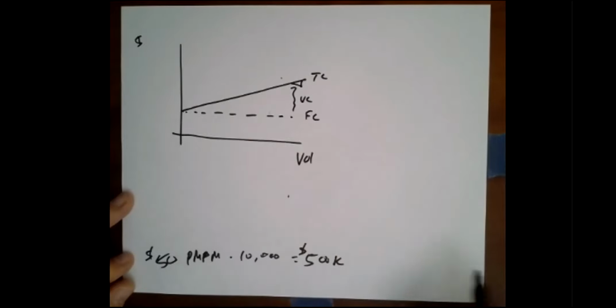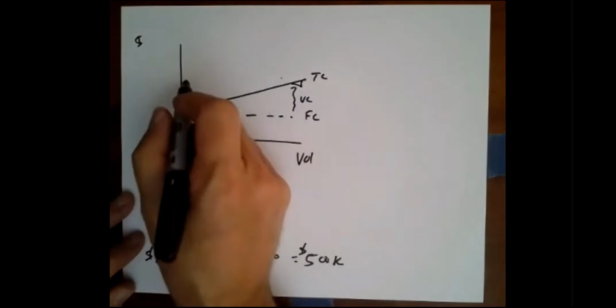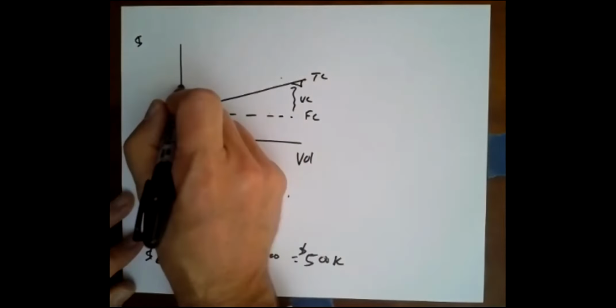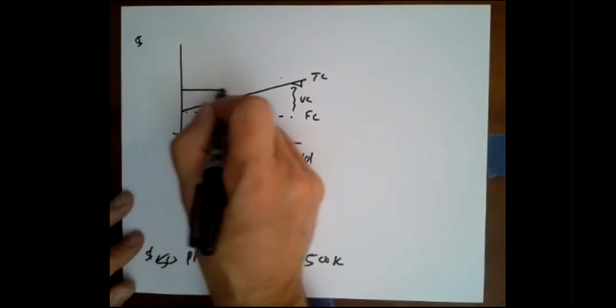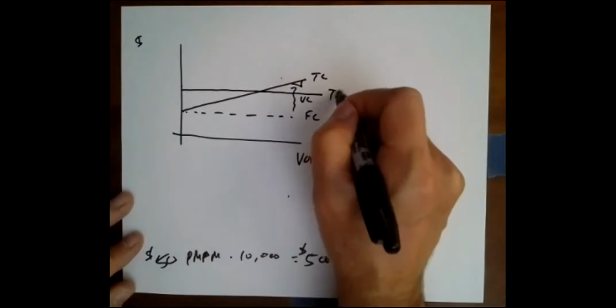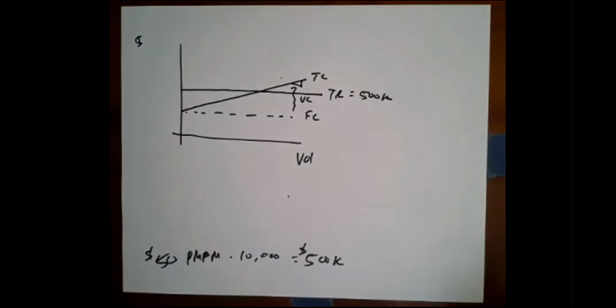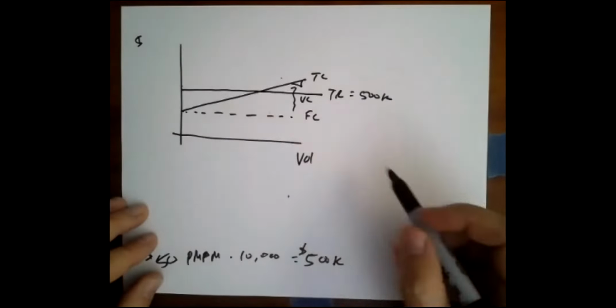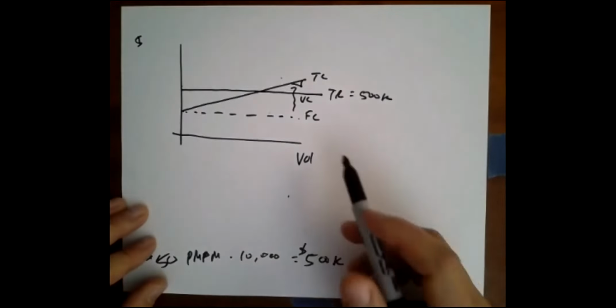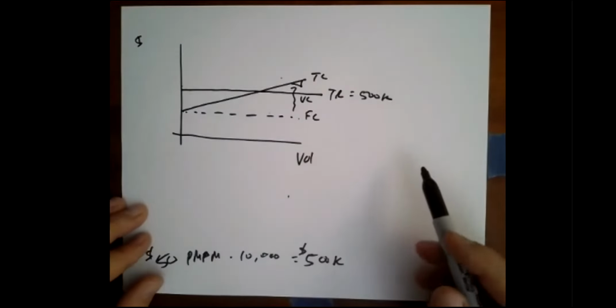It doesn't change with volume. So my revenue curve looks something like this. It's a horizontal line, kind of like my fixed cost. It doesn't change with volume.